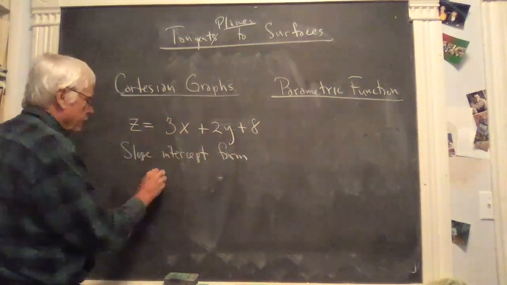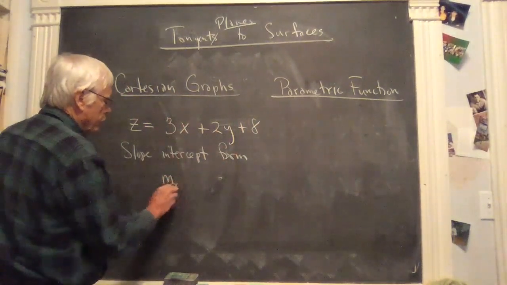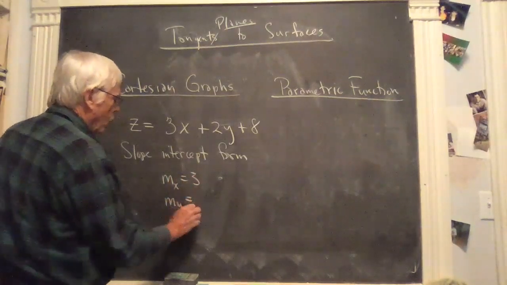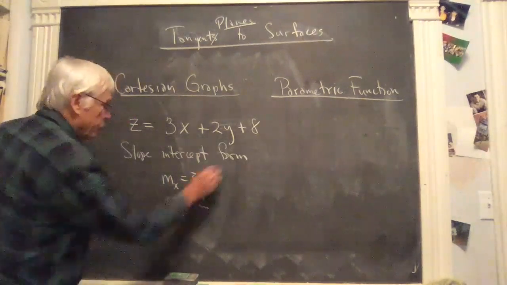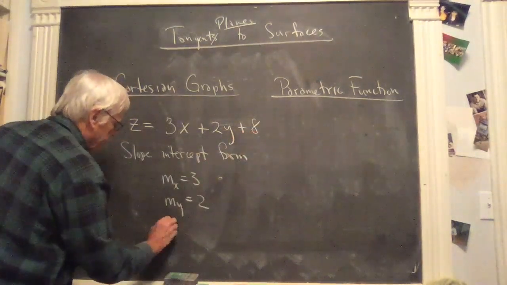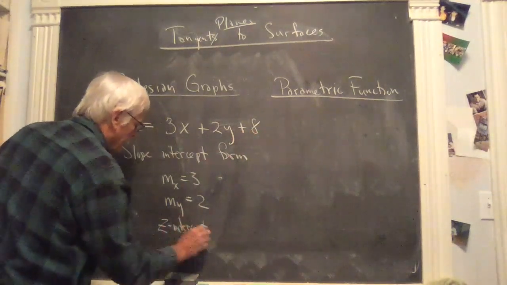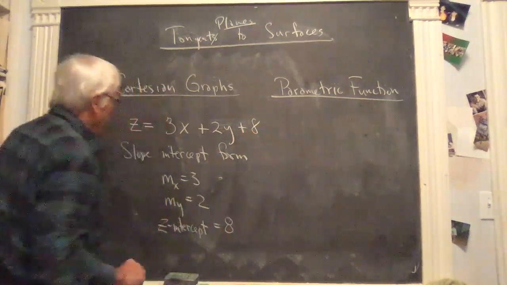It's got 2 partial slopes. The slope with respect to x is 3, and the slope with respect to y is 2. And it's got an intercept, a z-intercept, which is a number, and it is 8.